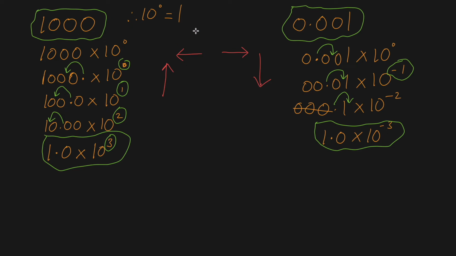With this example to the left, as you can see, as the decimal is going to the left, the exponent of 10 is actually increasing.